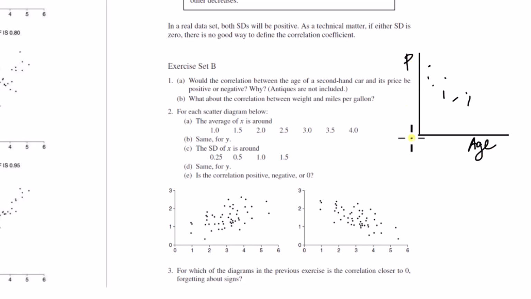That's a negative correlation. And then weight of a vehicle and miles per gallon: if you take any given vehicle and record its weight and its corresponding miles per gallon, the smaller the weight, the higher the miles per gallon, you can get better gas mileage, right? So it's going to do like this as well, negative correlation.